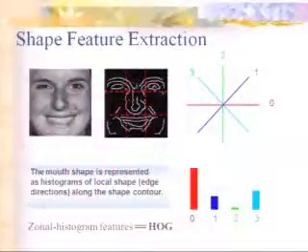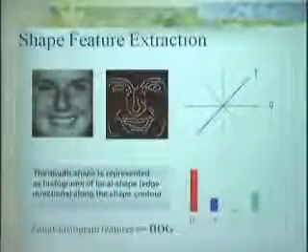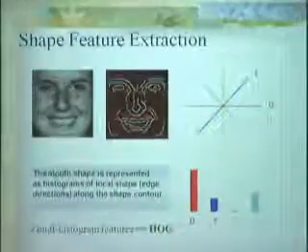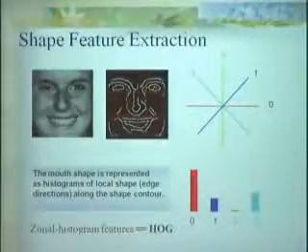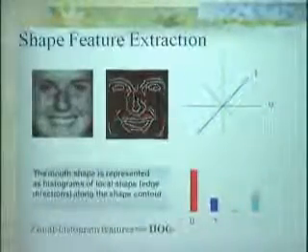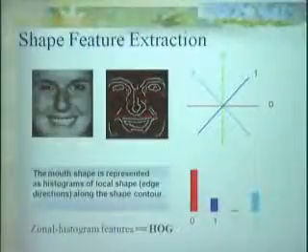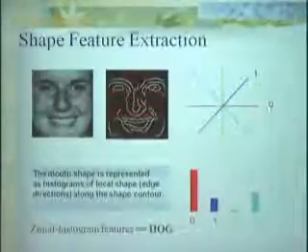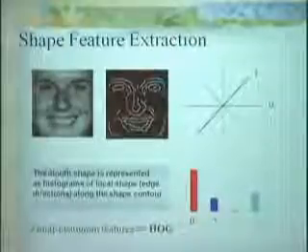Okay, and that's the local feature. Then we have the appearance feature. We have the image, we have the edge, then we have the directions of these edges. At that time, we didn't call it HOG. HOG is very popular now for detection, action recognition, all those things. At that time, we called it the zonal histogram feature. But then I figured out it's identical to the HOG feature, which people have used a lot in recent years.